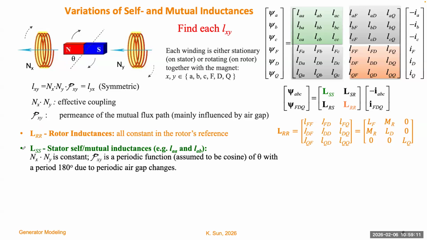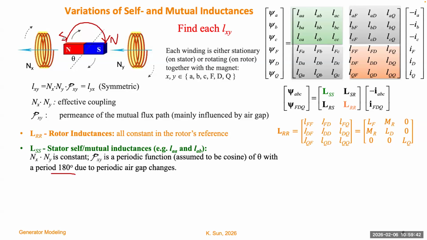When the magnet is revolving, the air gap will change periodically, with a period of 180 degrees. Why 180 degrees? Because if the N changes to here, this one becomes N and the other side becomes S, and the air gap will become smallest again. So after every 180 degrees, the permeance will reach the maximum value.